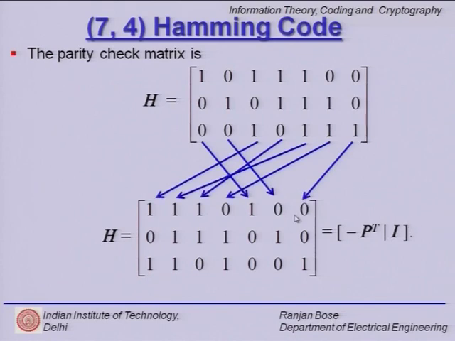Please note we need it in the systematic form, which is of the type minus P transpose I, and I happens to be the identity matrix which is 3 cross 3. So, what we want to do is simply rearrange those columns and you get your H matrix.